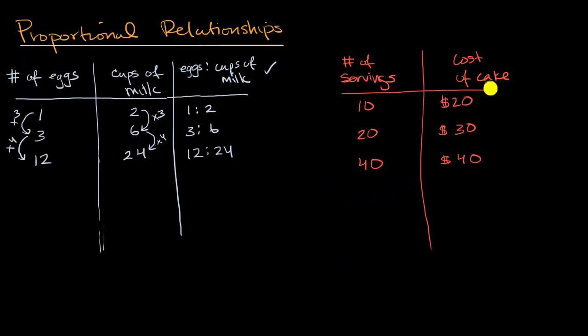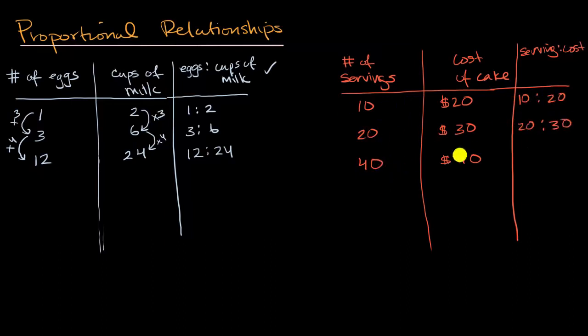All right, let's think about the ratios again. The two variables are the number of servings and the cost of cake. The ratio of servings to cost in the first situation is 10 to 20, then 20 to 30, and then 40 to 40. To see if these are equivalent ratios, when we go from 10 to 20 servings, we're multiplying by 2.